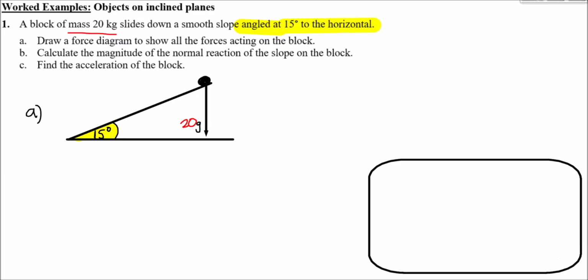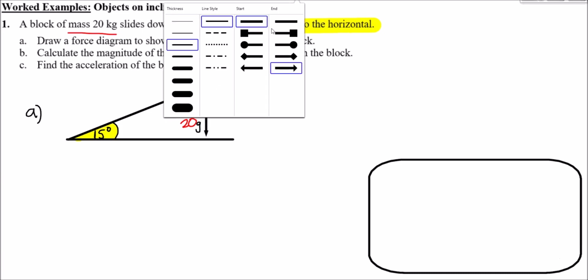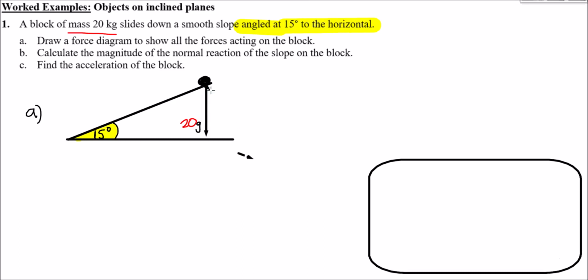There will also be components to consider of this weight which we might want to add in. I would suggest we do that now in fact. So going downwards, perpendicular to the slope, and then parallel as well. So like we mentioned before, if this is 15, this angle here will be 15 too.